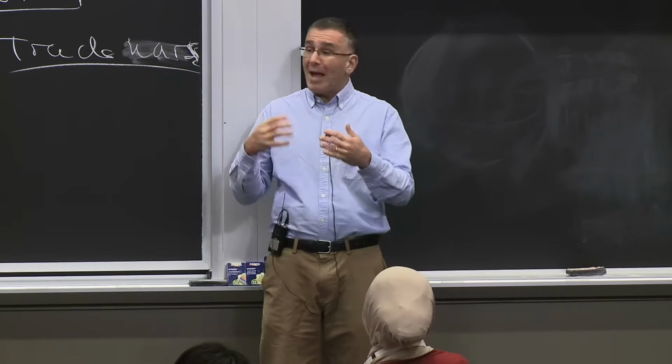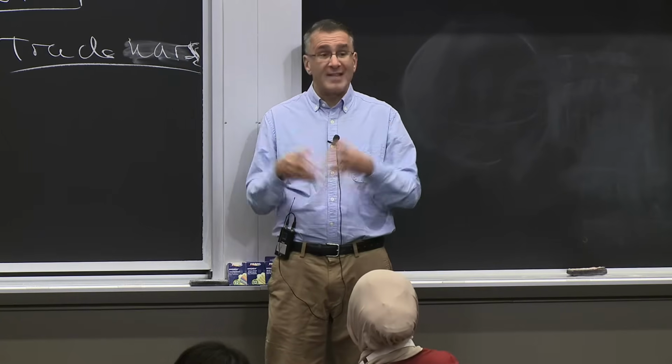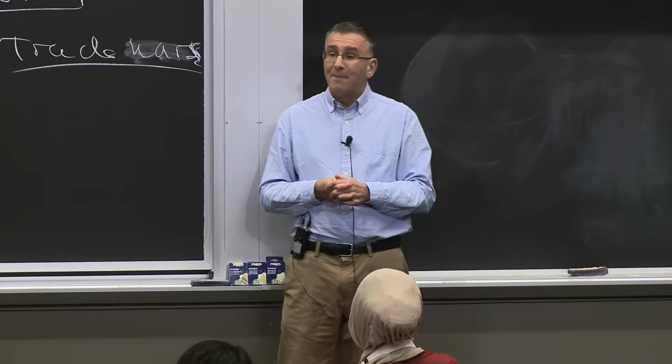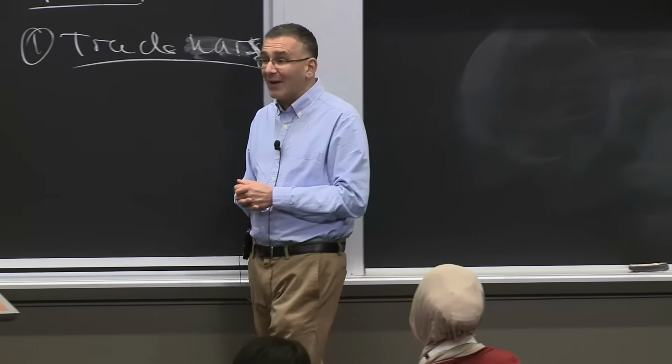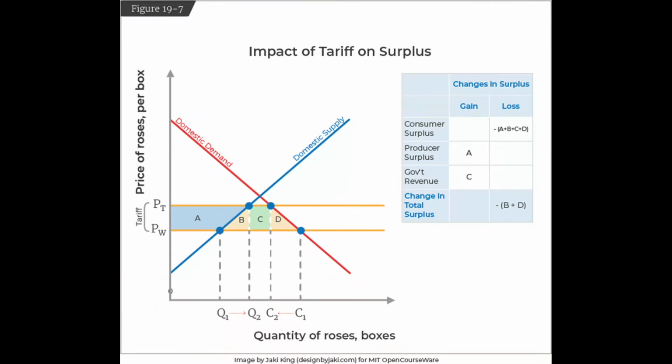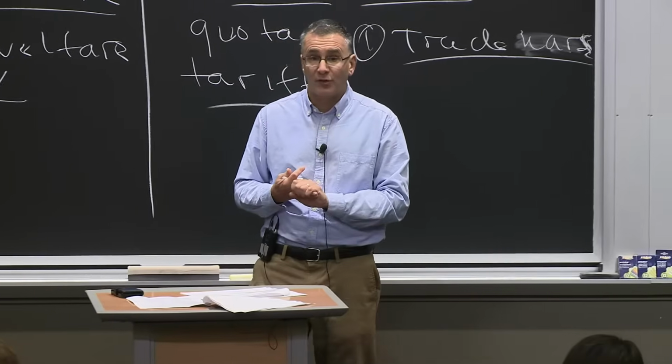It raises US consumer surplus, because now computers are cheaper in the US because we can't sell them in Colombia. But it lowers our welfare, and now we don't get the government revenues, Colombia does. So we lose almost all the trapezoid in that case. If you flip this around, we would get a small rise in consumer surplus, but a huge loss of producer surplus, and we wouldn't even get the government revenues to make it up. So that's really bad for us.